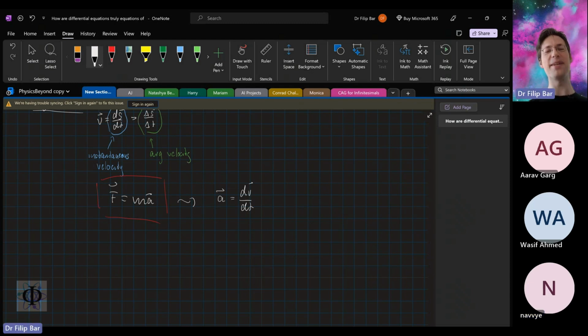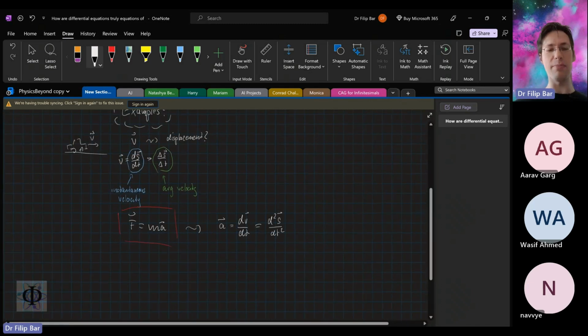That's fine. At the moment, I'm not too fussy about the physics side. The key insight here is that acceleration is the rate of change of velocity, and velocity, of course, is the rate of change of position, and therefore we get the second derivative, right? So the second rate of change of position or displacement is acceleration. And why am I saying that this is fundamental, whereas the thing about the velocity sounds a little bit artificial?